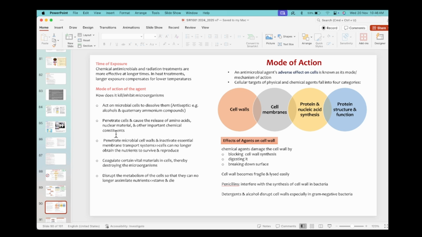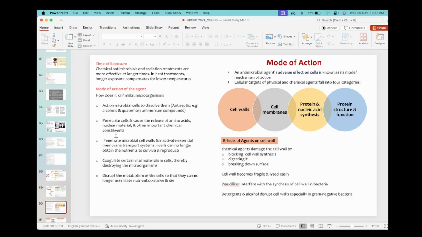But now we have penicillinase producing bacteria. So penicillinase producing bacteria means the bacteria can degrade penicillin. Then it will protect itself against penicillin. But you also now have beta-lactamase producing bacteria.